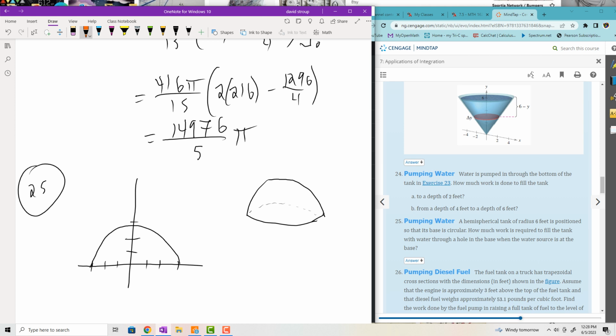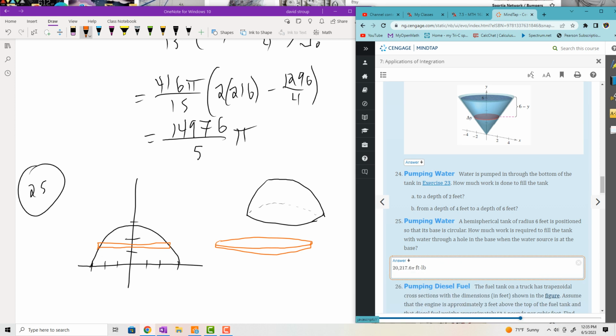Okay, so you want to basically fill this thing with water, and here is our particular slab, which will be a disc like this.